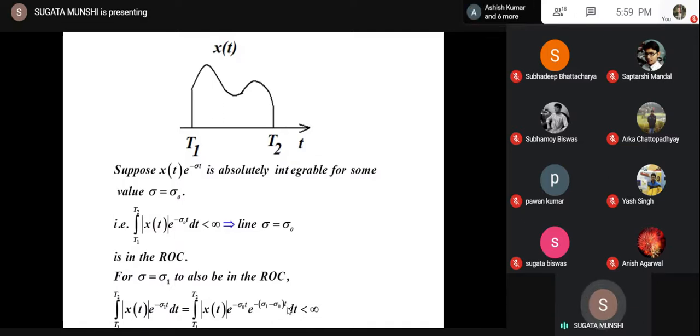Let us consider that sigma 1 is greater than sigma 0. If sigma 1 is greater than sigma 0, what will happen? That term sigma 1 minus sigma 0 will be positive. So you have a term e to the power minus some positive constant into t.